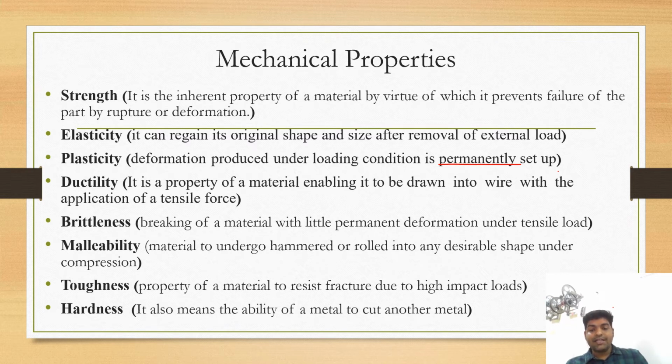We can say that it is the ability of a material to cut into another metal. These are the above said properties to be taken care of when the designer designs machine components or mechanical components.